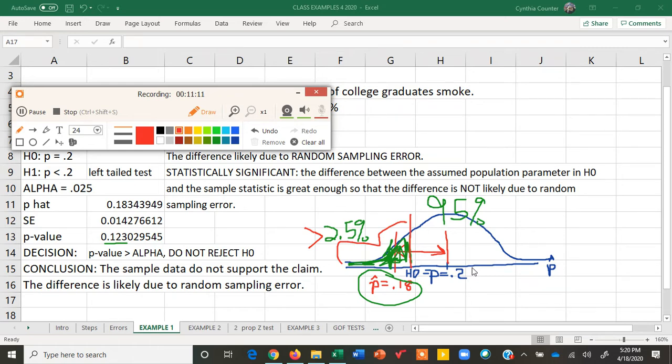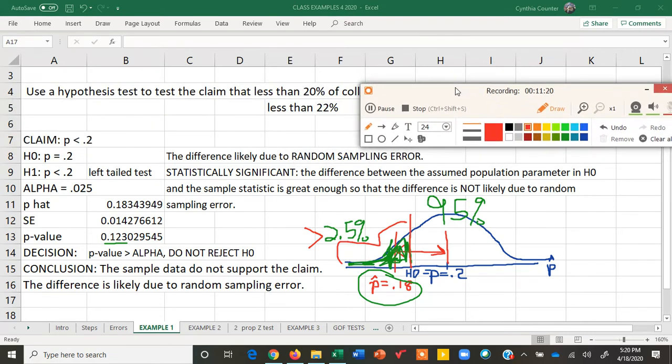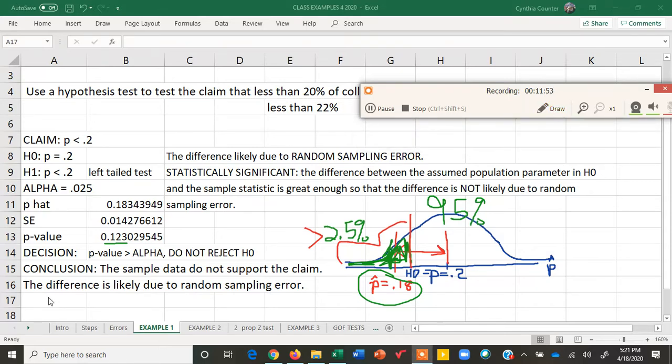Now, there's always a chance you make a mistake in your hypothesis test, right? Nothing is certain in probability or in statistics. So it is possible that by not rejecting the null hypothesis, we actually might have supported a false statement and made an error. So if you do not reject the null hypothesis, then the possible type of error is accepting the null hypothesis when it's actually not true, and that's what we call a type 2 error.